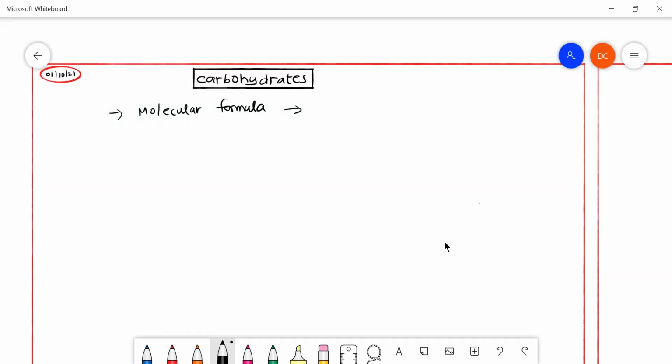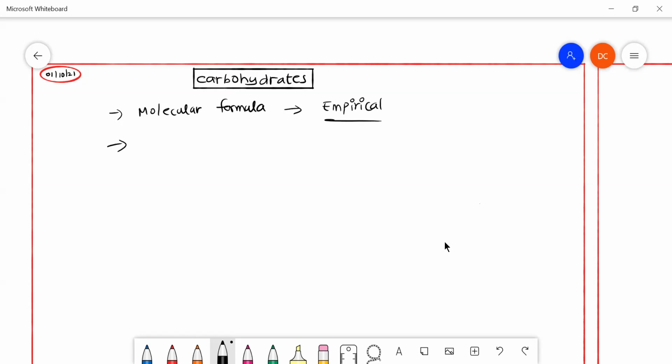From that we can find out how much carbon, hydrogen, and oxygen is there. There we can find the empirical formula, and from that empirical formula we can find the molecular formula. Okay, that's the first one.